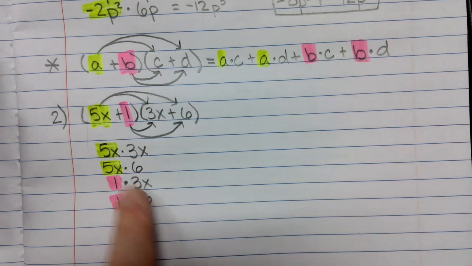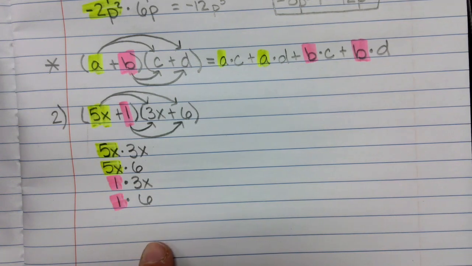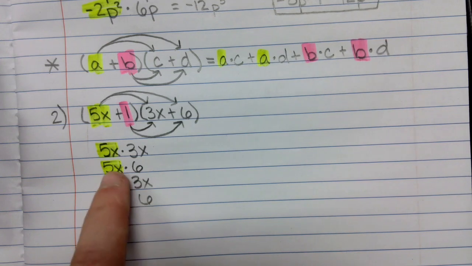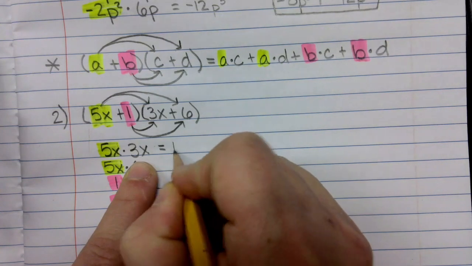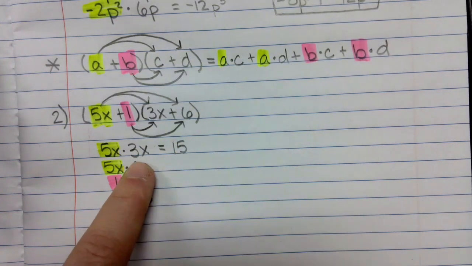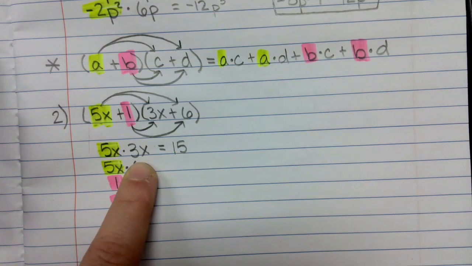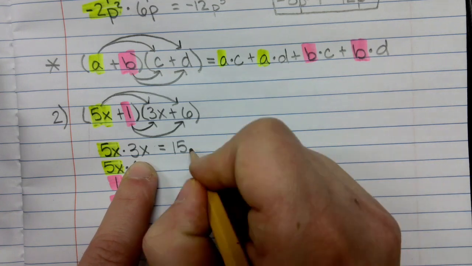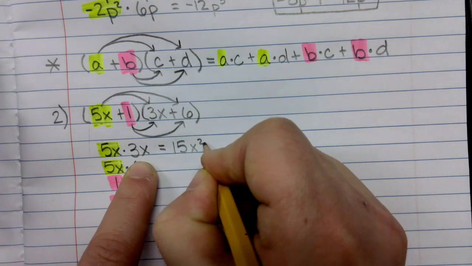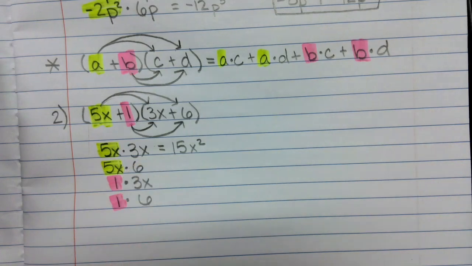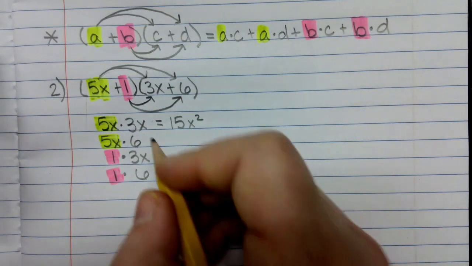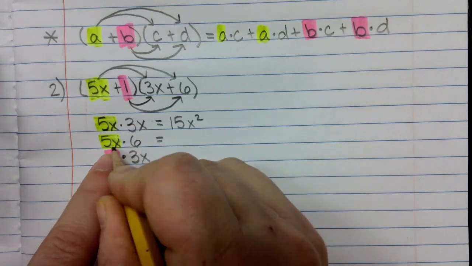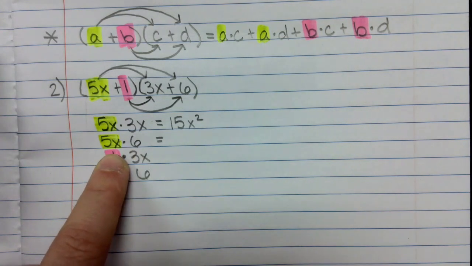So what is 5 times 3? 15. And I have an x and an x. So how many x's would that end up with? 2. So x squared. Alright, in the second one I'm doing 5 times 6. 30.